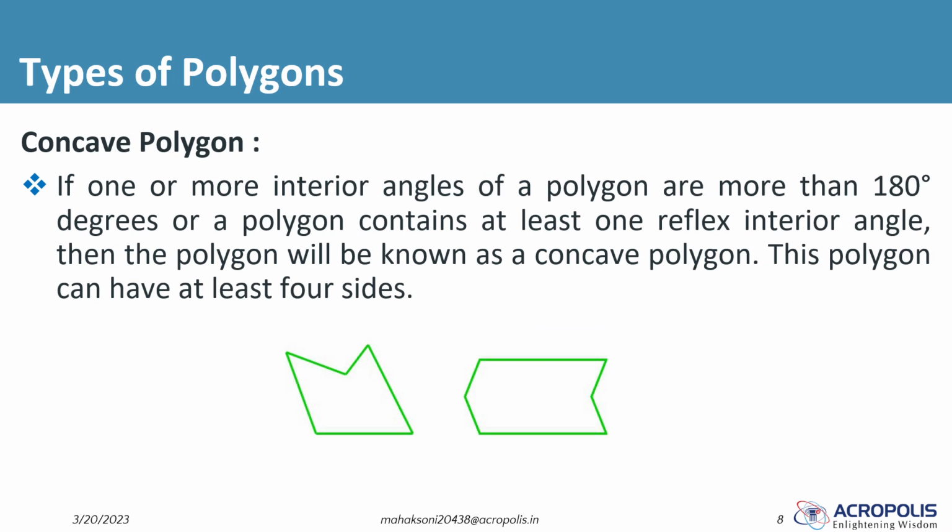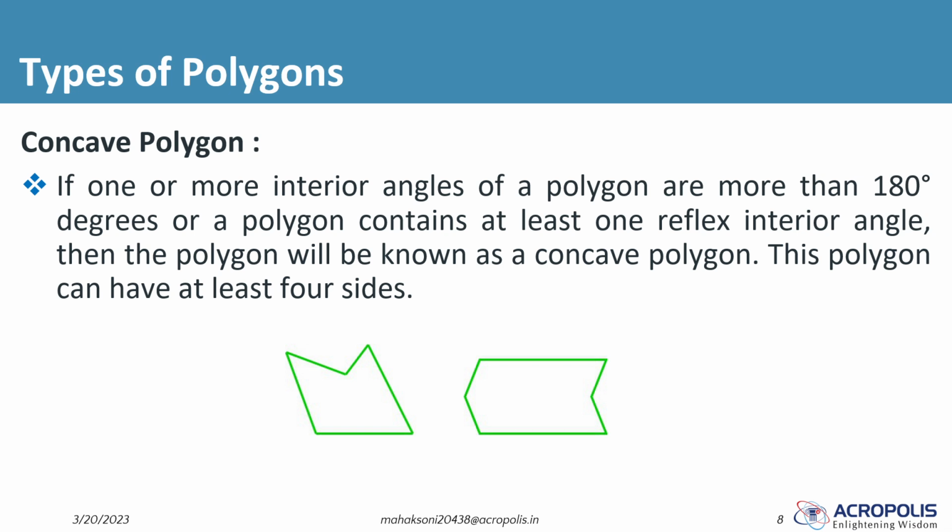Now, what are concave polygons? If one or more interior angles of the polygon are more than 180 degrees, or a polygon contains at least one reflex interior angle, then the polygon will be known as concave polygon, and this polygon can have at least four sides.